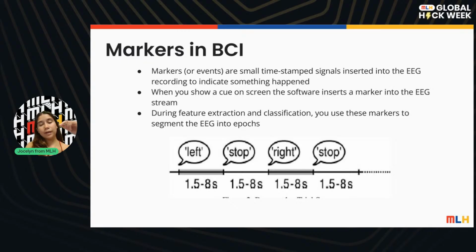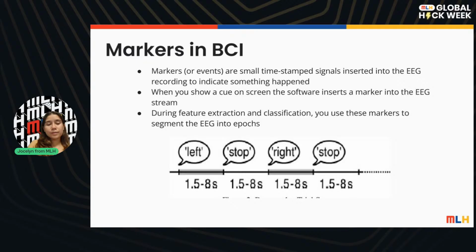Let's say you have your graph of your EEG signal going on, and once you think about your left hand or your right hand, or whatever you want to put as an event, when you add a marker it will automatically plot into your graph. So you can identify specifically when the person thought about that, and later use it to train your machine learning model and identify those features.